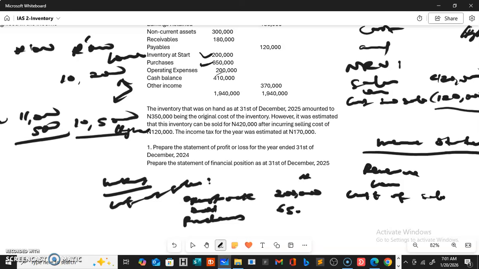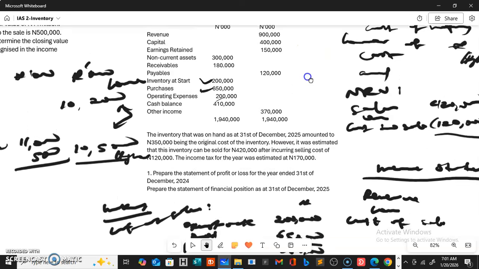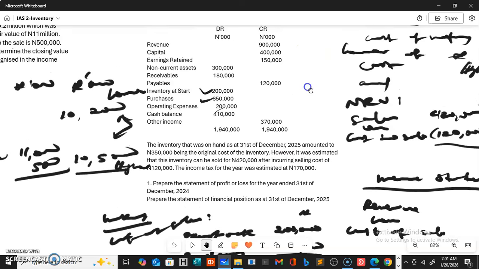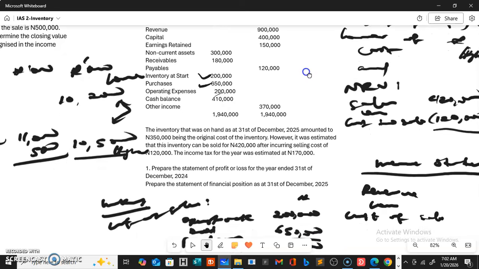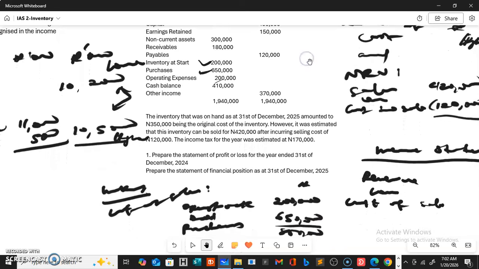So we have 850,000. Do we have carriages? Let's see. We have purchases, inventory at start, receivables, payables. So let us move on. We have 850,000.